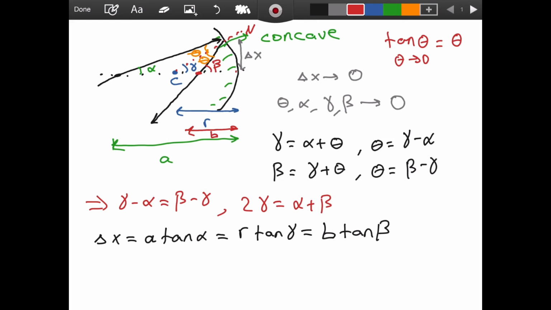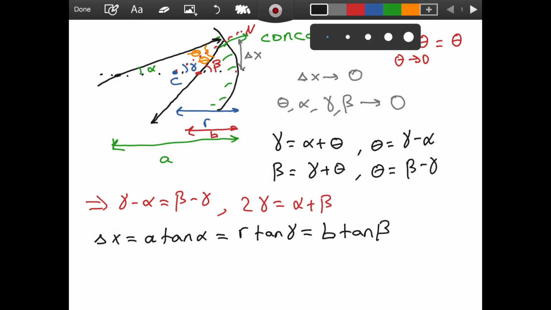Okay, because sine of theta approaches theta and cosine of theta approaches 1 as theta approaches 0. So tangent theta, which is sine over cosine, should approach theta. This is just an approximation for tangent of theta. It is not exact, but since we are interested in the limit, we can make this approximation.